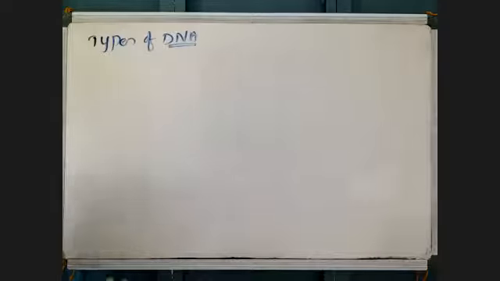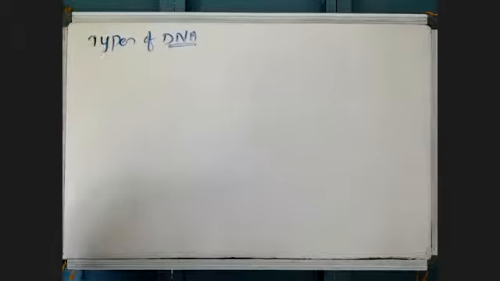There are 5 types of DNA based on number of base pairs. Write that point also if you need: each turn has 10 base pairs.